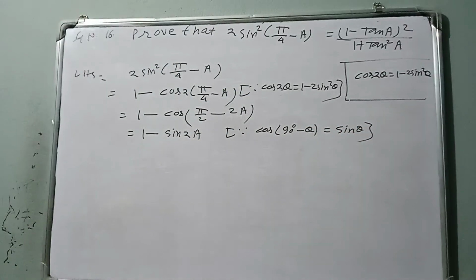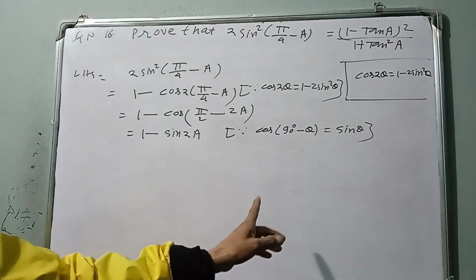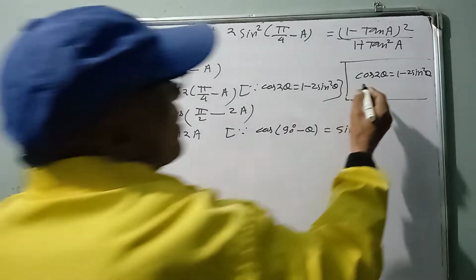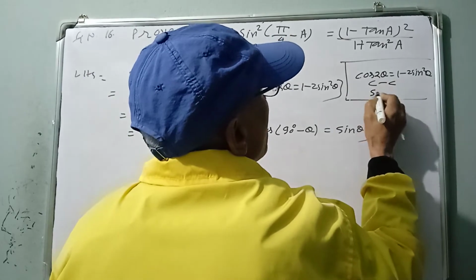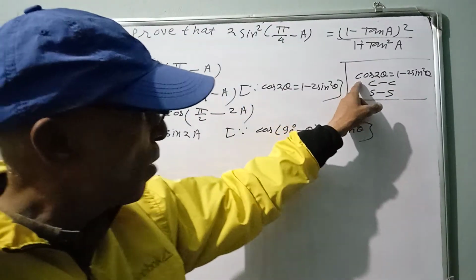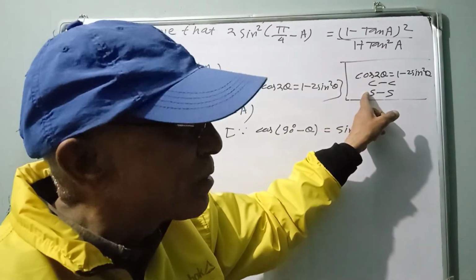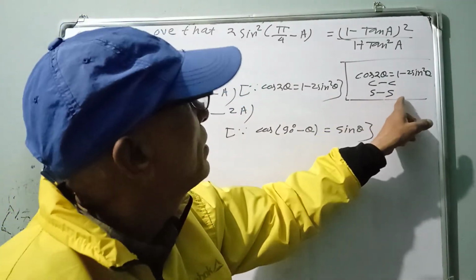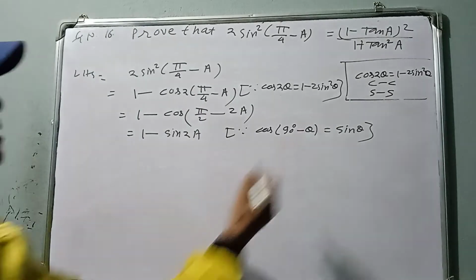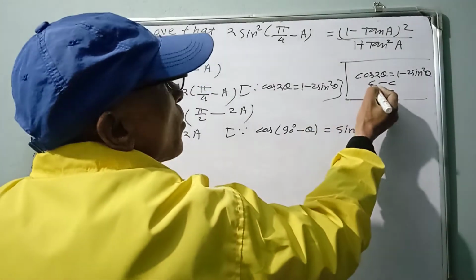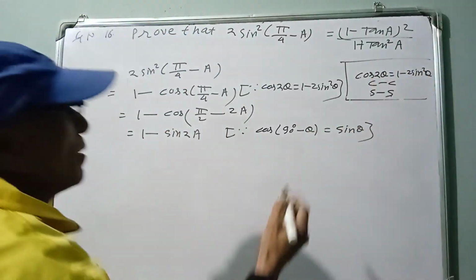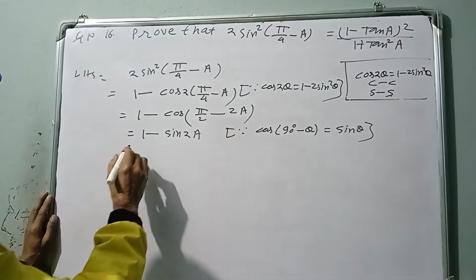Complementary angle: CC. Complementary changes, supplementary same. Technique: CC and SS. Complementary angles are 90 and 270, the ratio changes. Supplementary means 180 and 360, so the same. Supplementary same, SS. Complementary change, CC. CCSS technique.